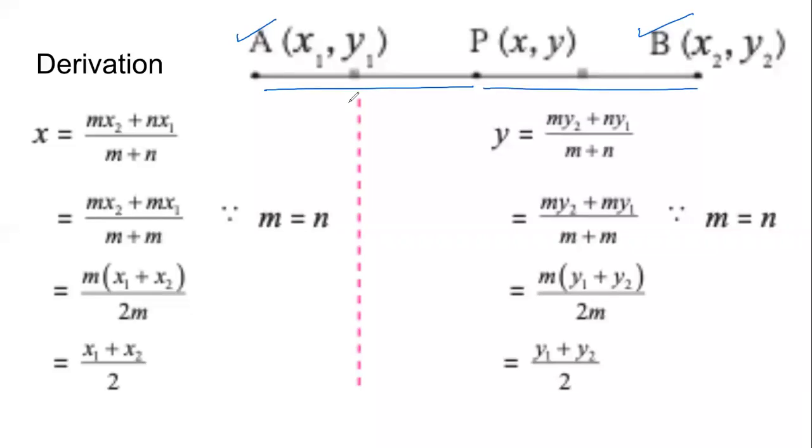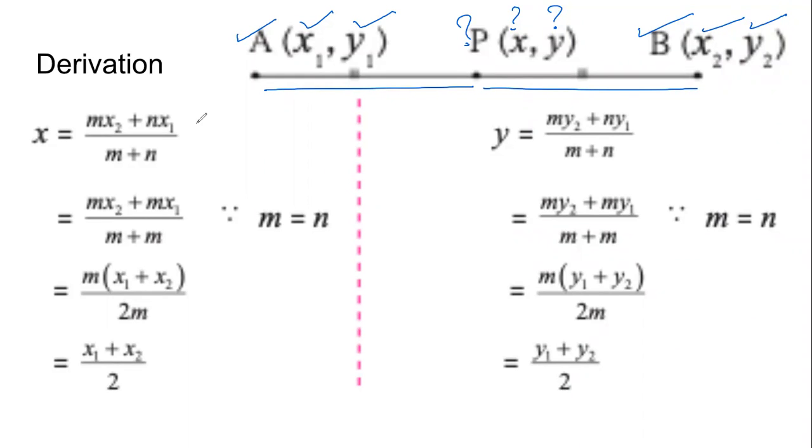And the midpoint formula helps us find out where this point will be. That means what is x, what is y, if x1, y1, x2, y2 are given. We can find this formula from the section formula.